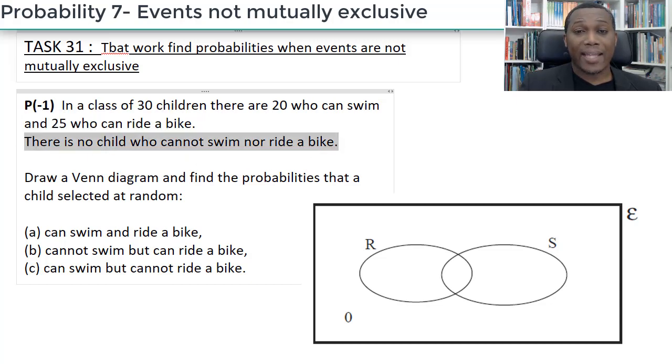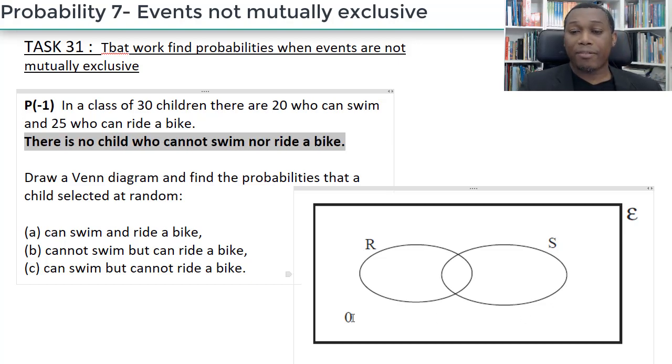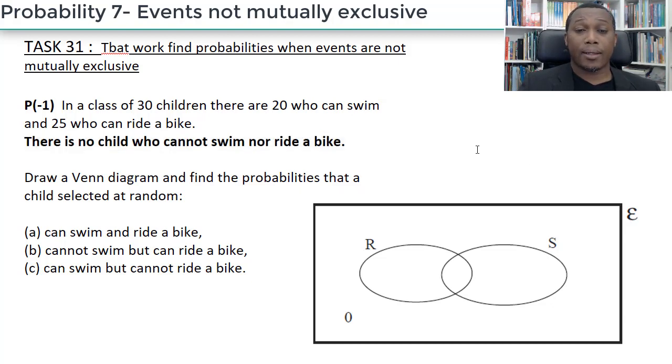It is because of that statement, I'll put it in bold, Control B, that we have a 0 outside of the two circles. The reason being that there's no child who's not going to be either riding a bike or swimming. So 0 goes on the outside, in the universal set represented by epsilon.